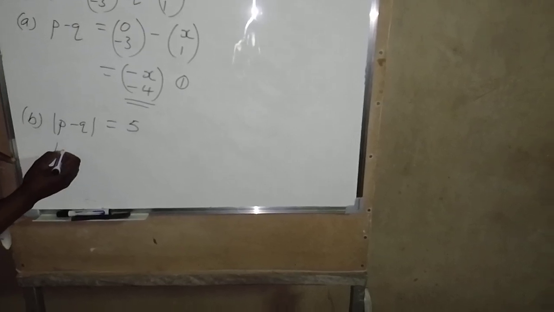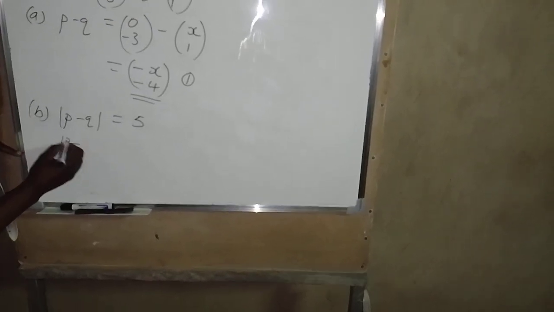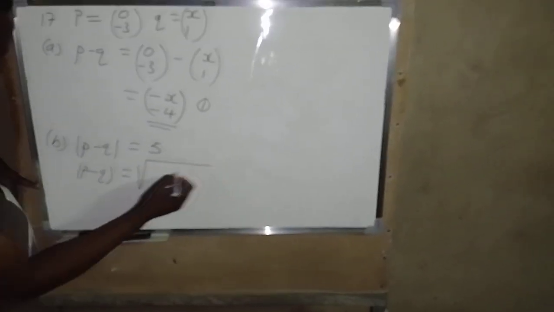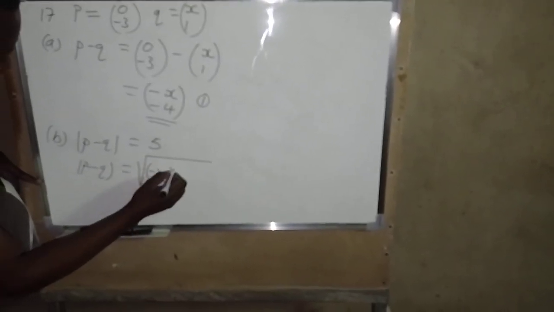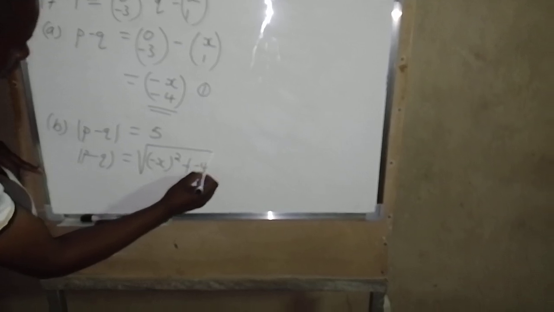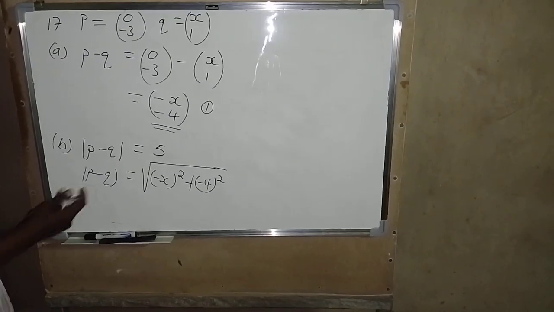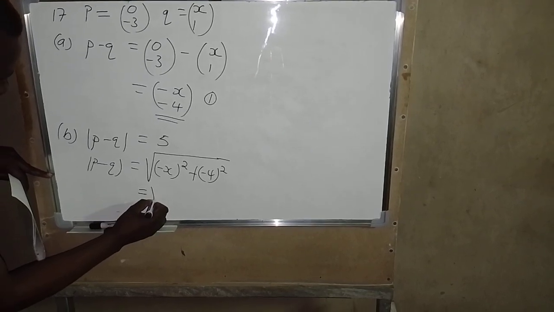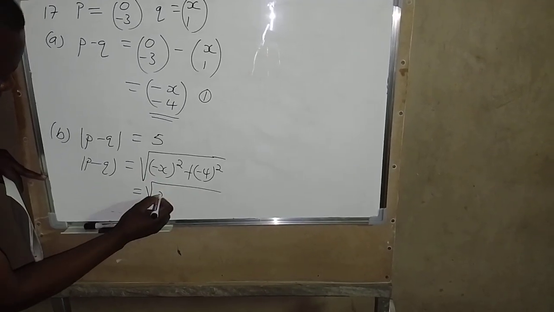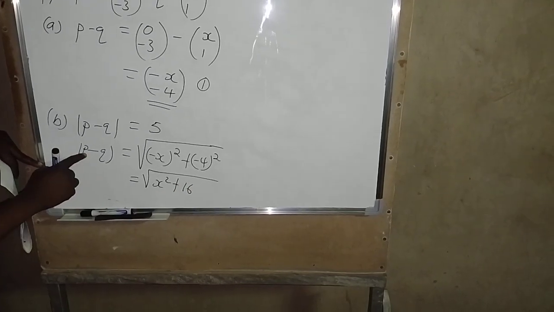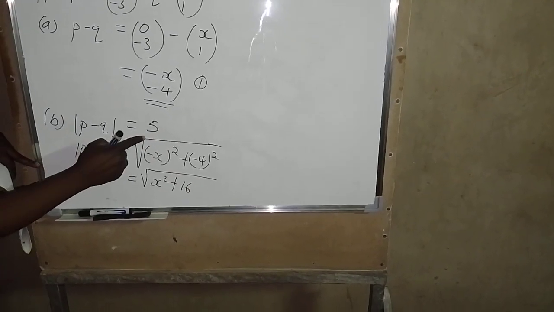The magnitude of p minus q is equal to the square root of (-x) squared plus (-4) squared. This is how we calculate the magnitude of a vector. This is equal to the square root of x squared, plus 16. This is equal to the magnitude of p minus q, which is 5.